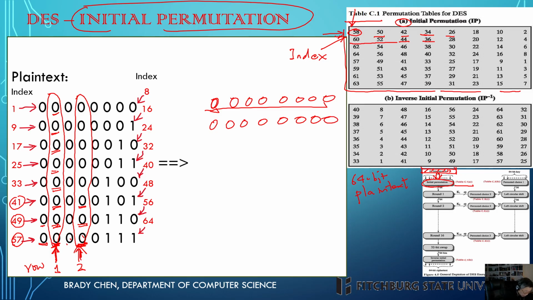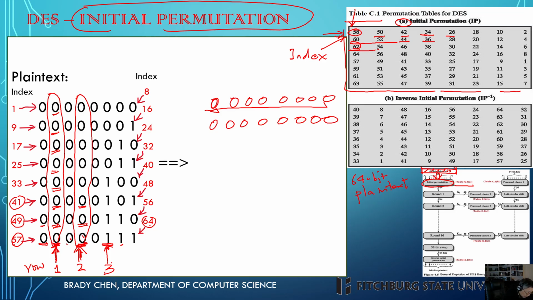Now if you continue to look at this, you will find that row number 3 after the initial permutation will be column number 6 in the plain text. For example, the first index is 62, and then 63, and the last one is 64.